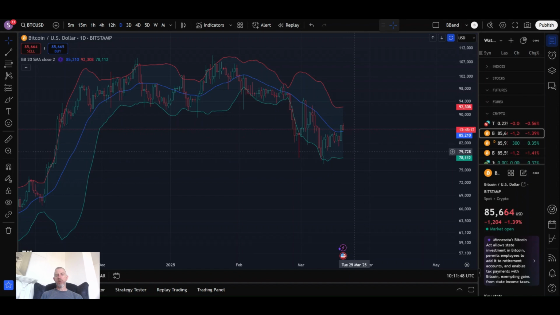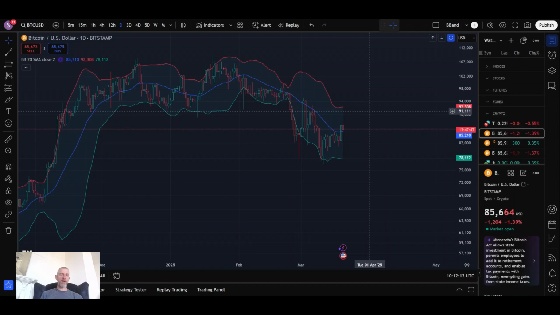So what does that mean? Well, it means that probably over the next few days, this isn't financial advice, the best price you're likely to get to buy Bitcoin is probably around 80,000, or if only it was $80. And then potentially a sell price, not financial advice, is going to be around 90-ish.